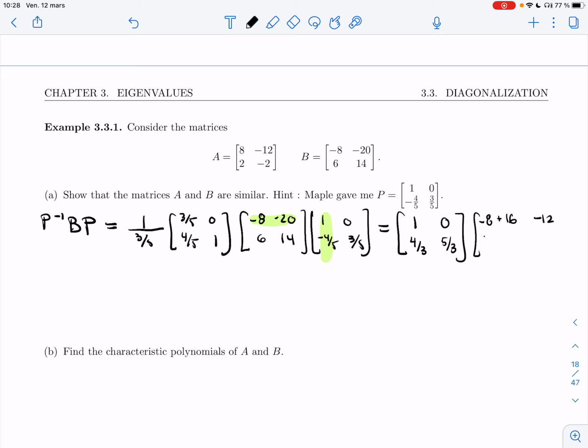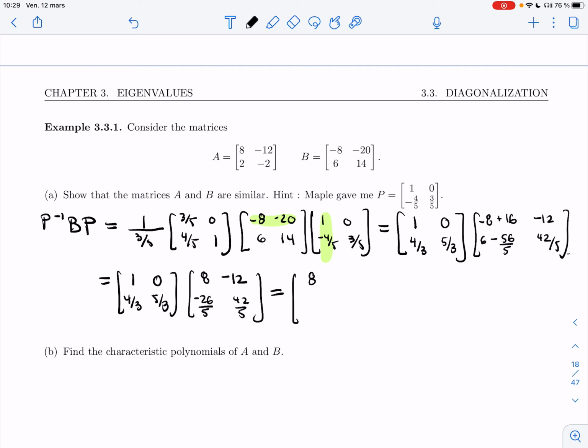I get 6 minus 56 over 5, and then I get 42 over 5. All right, so I need to multiply 1, 0, 4/3, 5/3 by 8, -12. That's 30, so that's -26 over 5 and 42 over 5.